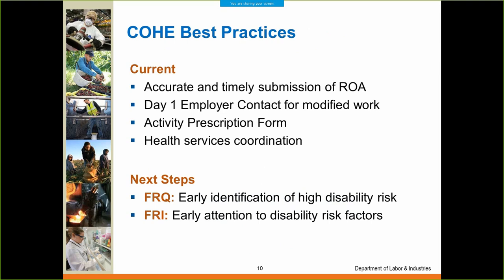Currently, the COHE best practices that have been associated with reducing disability by about 20% have been the accurate and timely submission of the report of accident, day one employer contact, two-way communication between the employer and the attending provider, with understanding of the worker that return to work is a goal of the care, an activity prescription form which identifies what the worker can do, what the restrictions are, and keeps everybody on the same page, and of course the health services coordination that you guys do to connect the dots and try and get the right resources to bear at the right time.